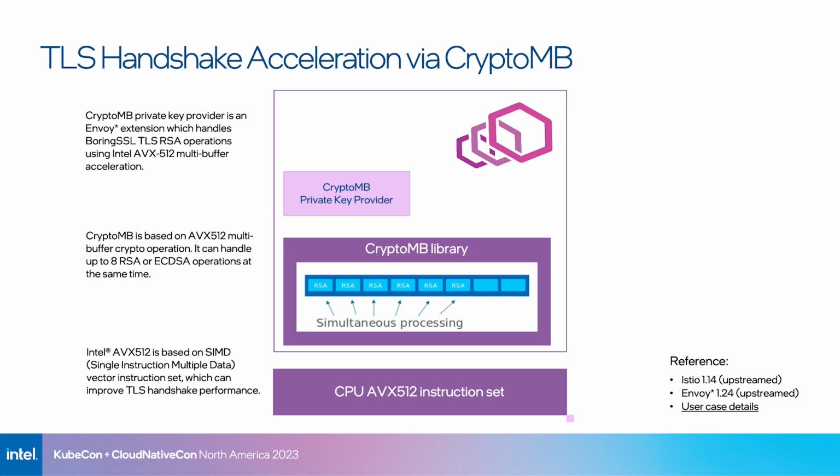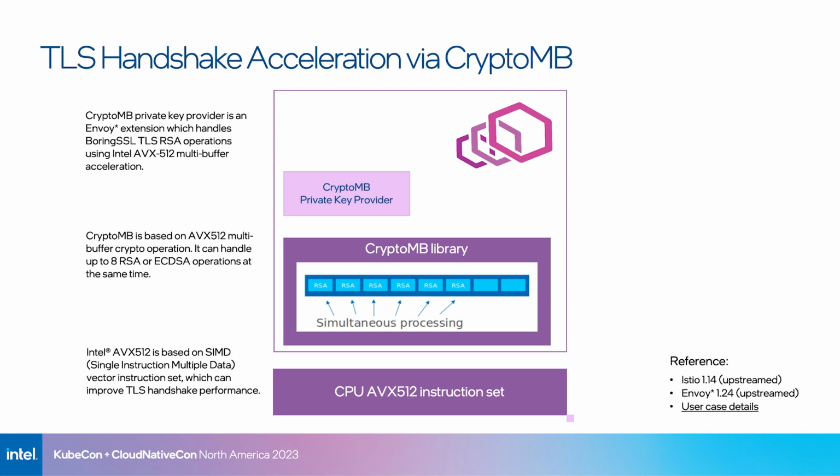The multi-buffer instructions gather several RSA or ECDSA operations into a shared buffer. When the 8-slot buffer is full or when a timer expires, the RSA operations are processed using single instruction multiple data instructions, which provide greater throughput than processing the RSA operations separately.